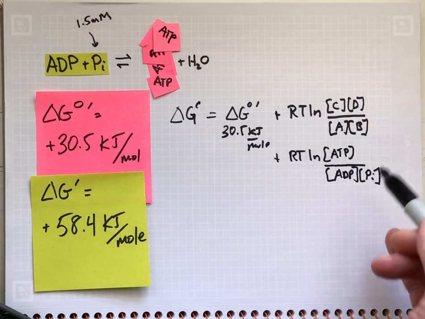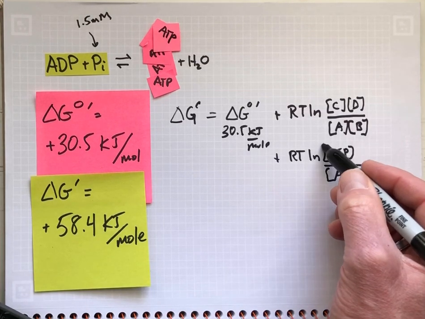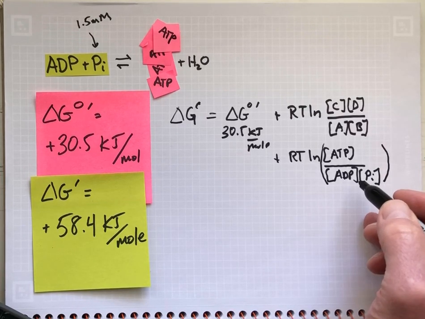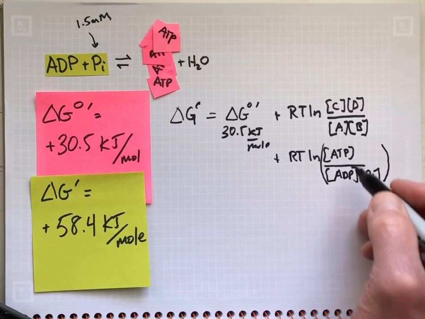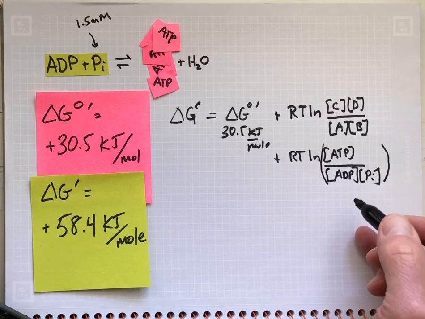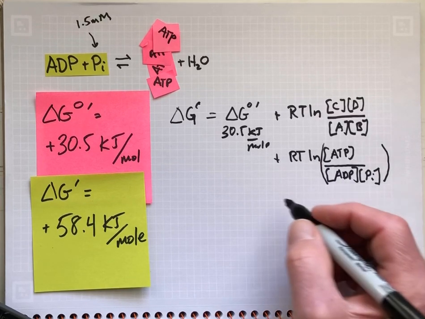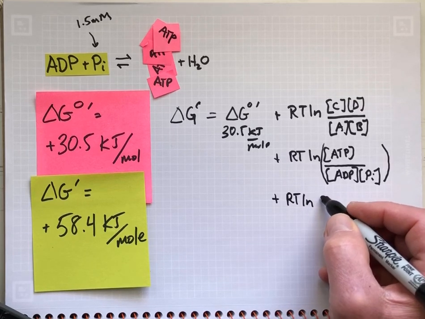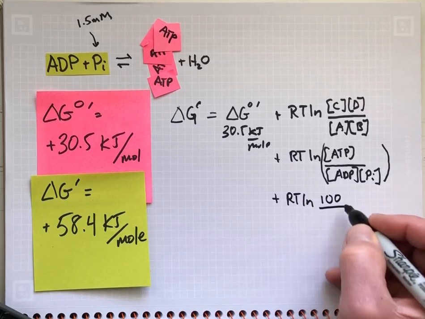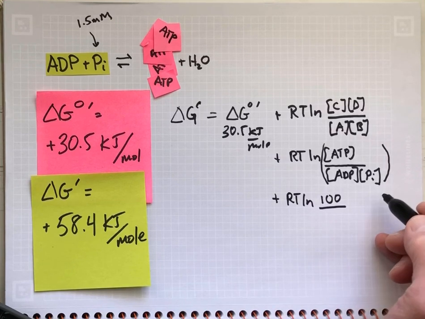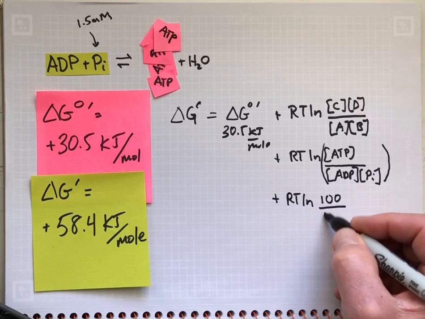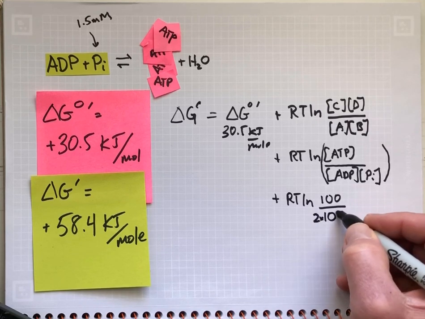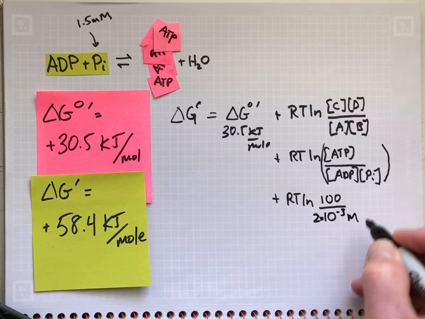Here we see that we need to take the ln of this ATP to ADP ratio. This ratio is approximately 100. So we can substitute in here RT ln of 100 divided by the concentration of inorganic phosphate, which is about 10 to the 2 times 10 to the minus 3 molar, or 2 millimolar.